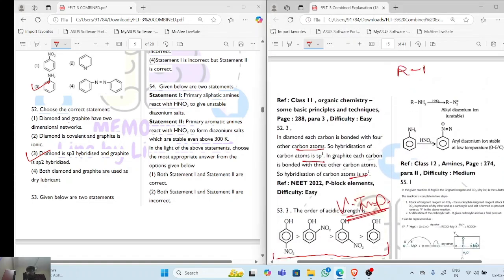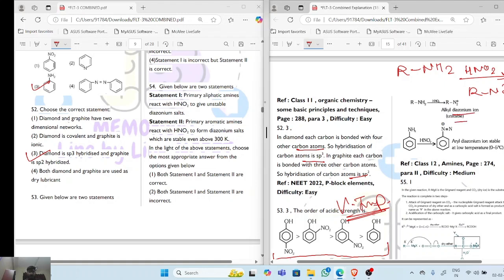We know RNH2 is a primary aliphatic amine and it reacts with HNO2 to form RN2 minus, which is alkyl diazonium salt, and which is unstable. In the second statement it's asking for primary aromatic amines.